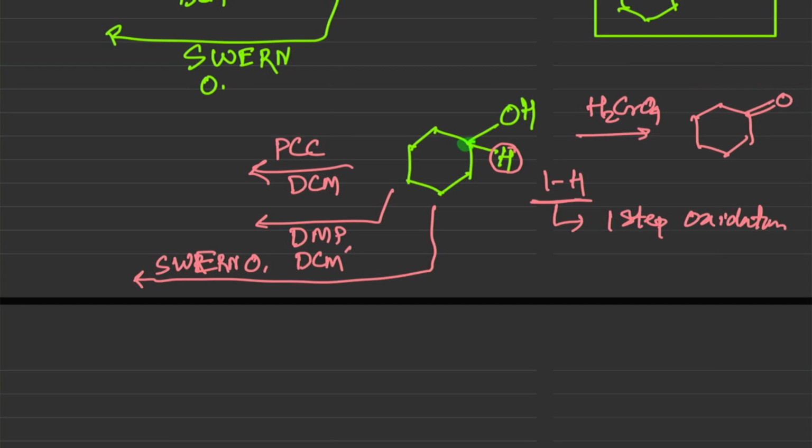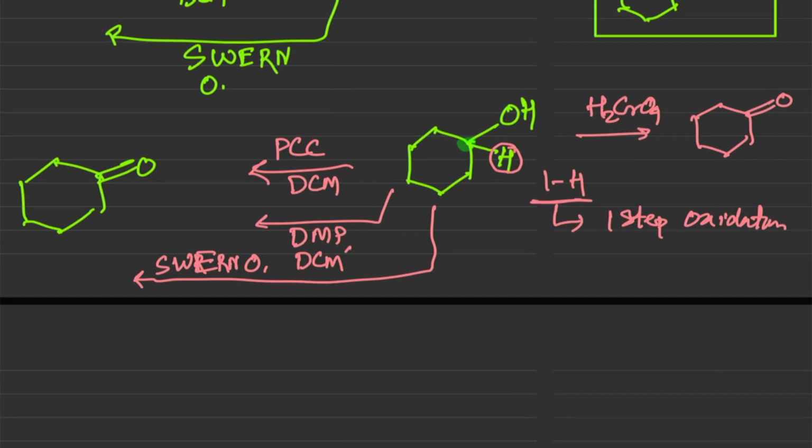This alcohol only allows one-step oxidation. So this was a secondary alcohol to begin with. So it will do one step because these reagents do only one-step oxidation anyway, right?